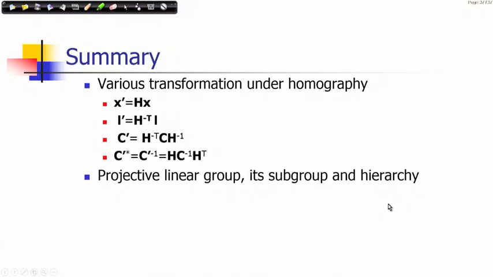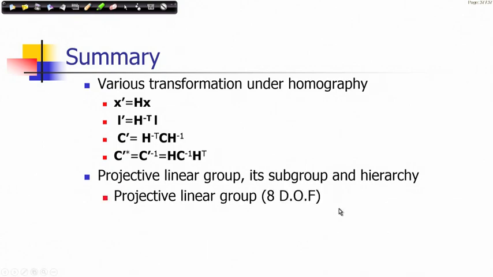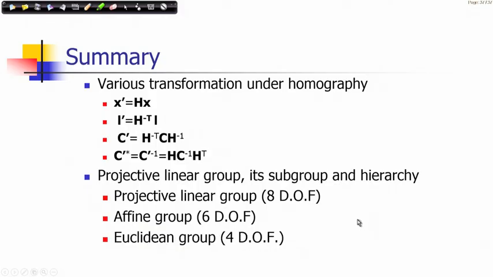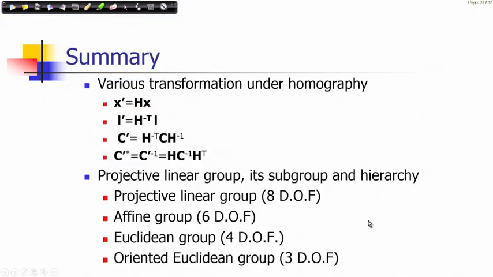Similarly, the dual conic representation is also valid in the transformed space. Projective transformations form a group, the projective linear group, and there are different subgroups and a hierarchy that we have discussed: the projective linear group having 8 degrees of freedom, the affine group having 6, the Euclidean group having 4, and the oriented Euclidean group having 3 degrees of freedom.